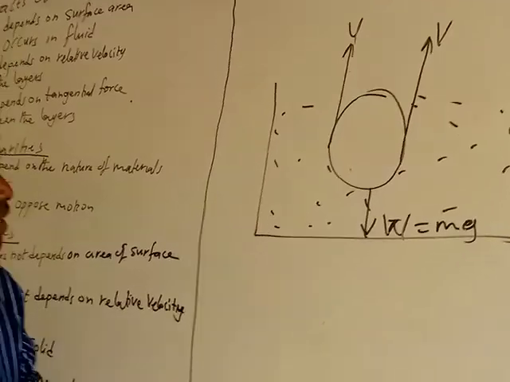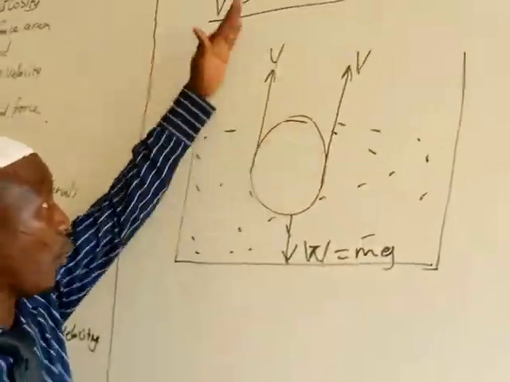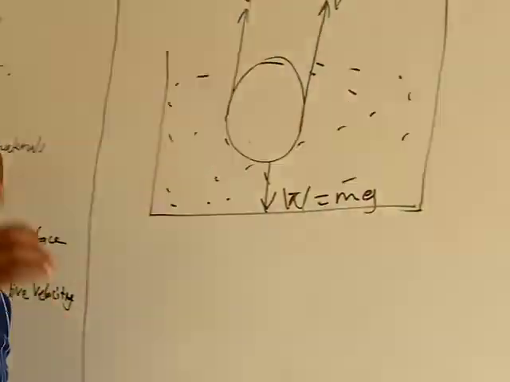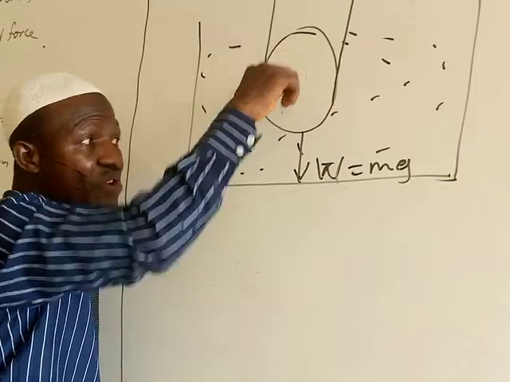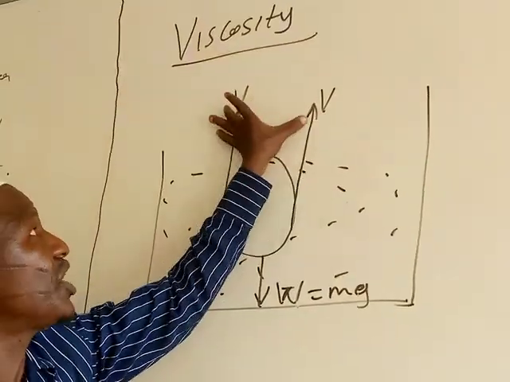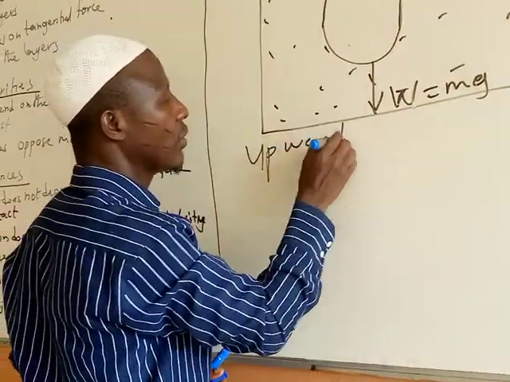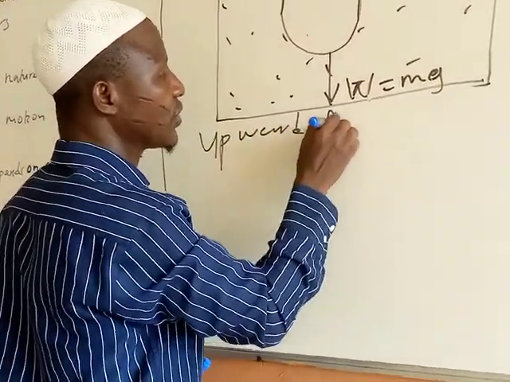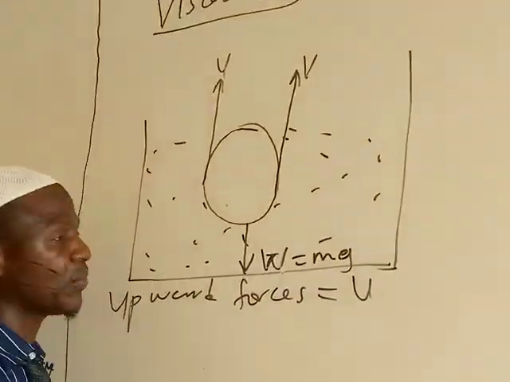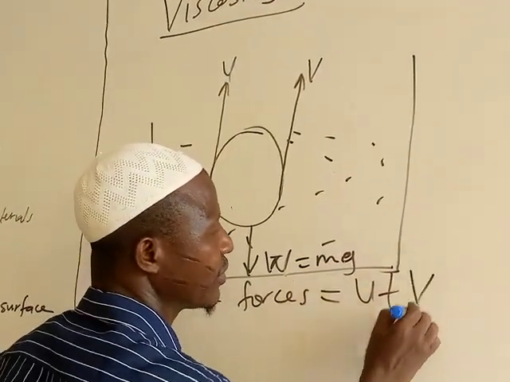Now, it is clear that we have two forces acting upward, then we have weight acting downward. So the only condition that can make this object move downward is when the weight is greater than the sum of the two. So we have upward forces: U, which is upthrust, plus V, viscosity or frictional force.